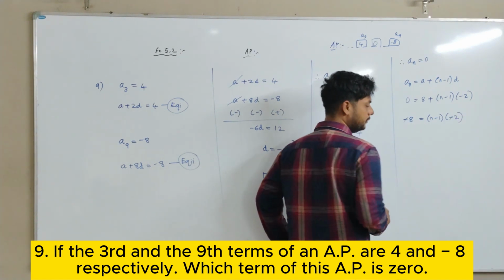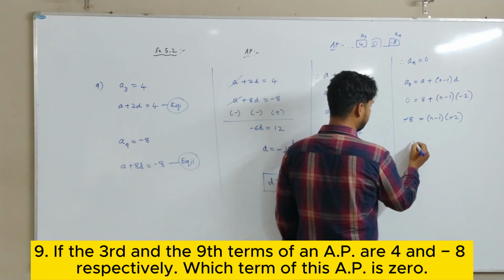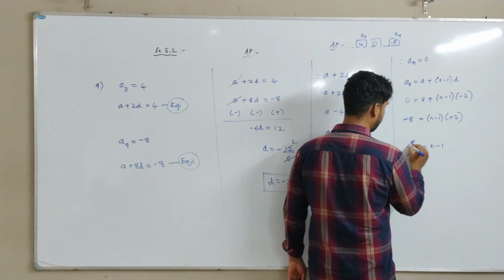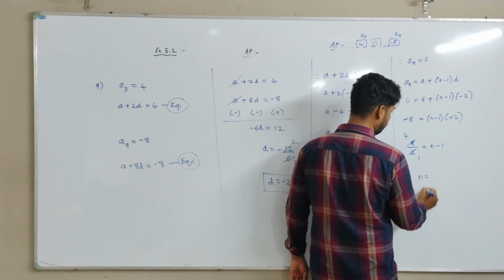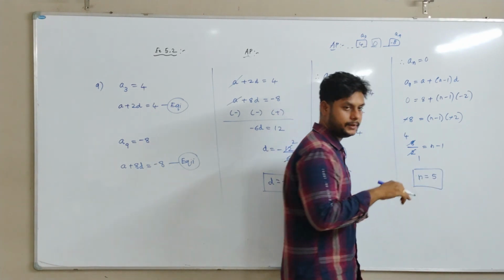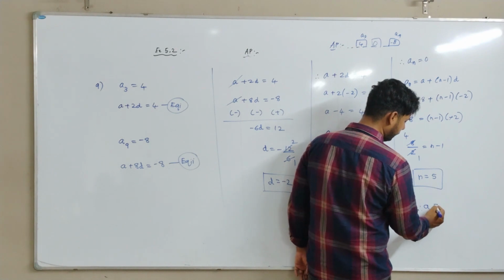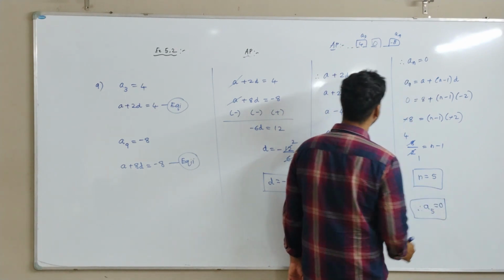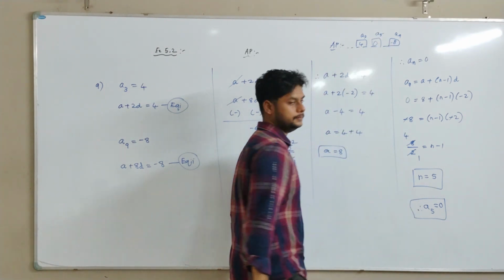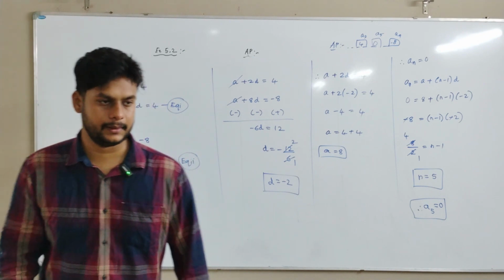Minus minus cancel, so the whole equation is positive. 8 by 2 is equal to N minus 1. 2 fours are 8, so 4 is equal to N minus 1. N is equal to 4 plus 1, 5. So the fifth term A5 is equal to 0. Understood? So this 0 is the fifth term. Any doubts? Take it.